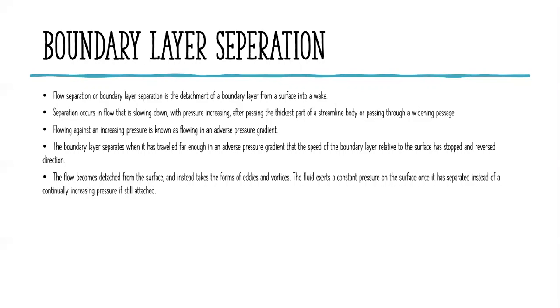So here it states the point that when the flow gets out of the path, out of the surface, it forms eddies and vortices. The flow exerts a constant pressure on the surface once it has been separated, instead of continuously increasing pressure as when it is still attached.